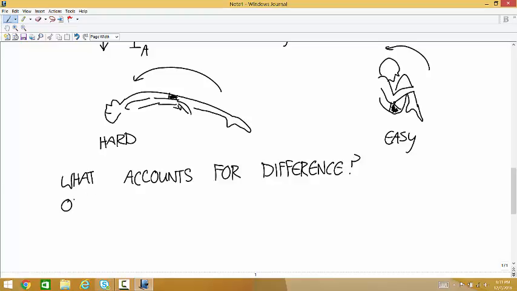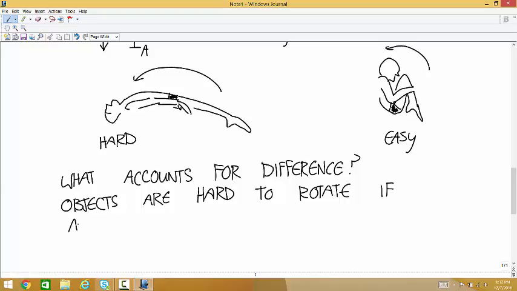Objects are hard to rotate if a lot of mass is distributed far away from the axis of rotation. If a lot of mass is positioned far from the axis of rotation.